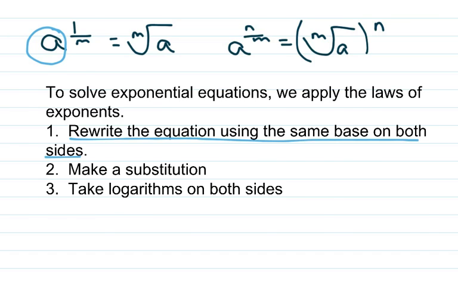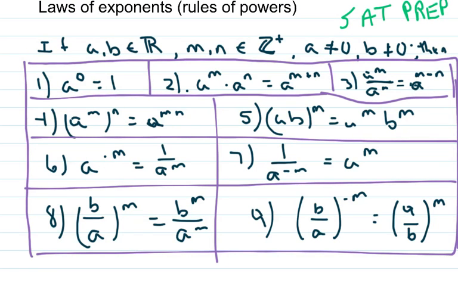So if we go back, the base is right here when they're saying let A and B belong to the reals. This is your base, and they're letting your M and N, which is your powers, belong to the positive integers, where A can't be 0 and B can't be 0. They're basically saying the base can't be 0, so it's all real numbers but 0.